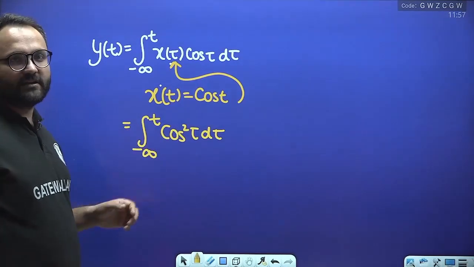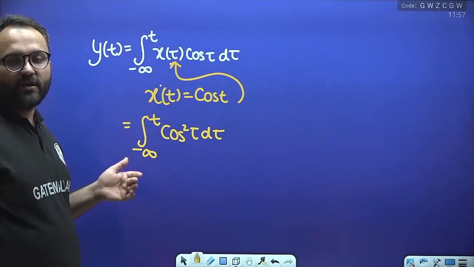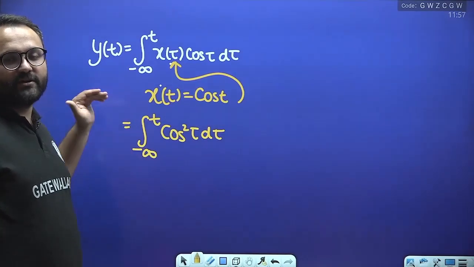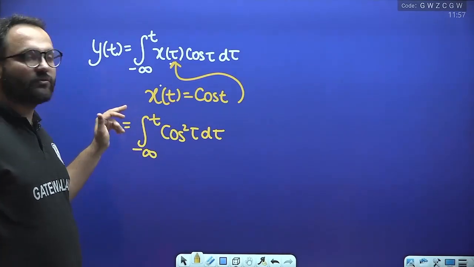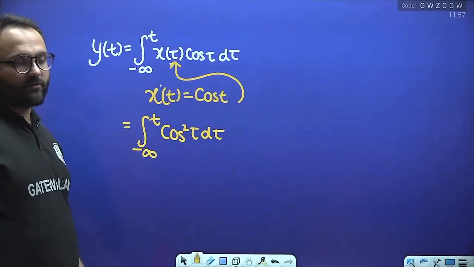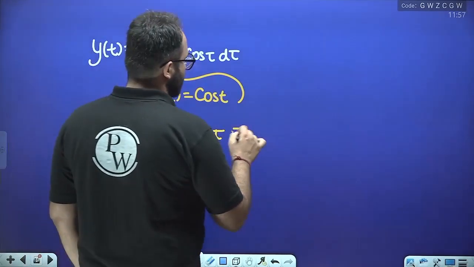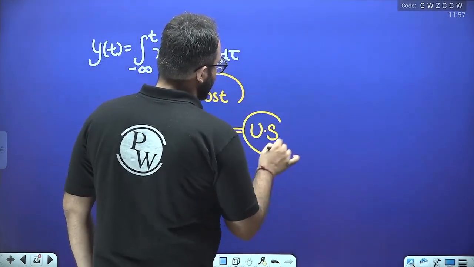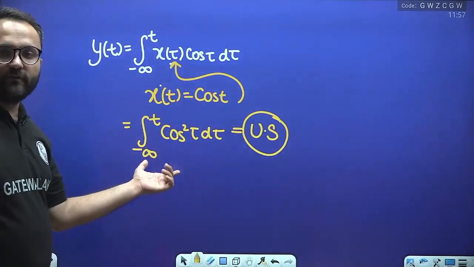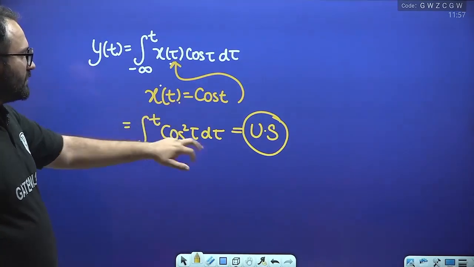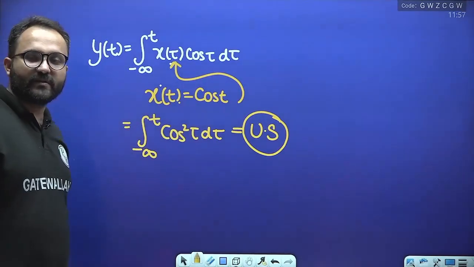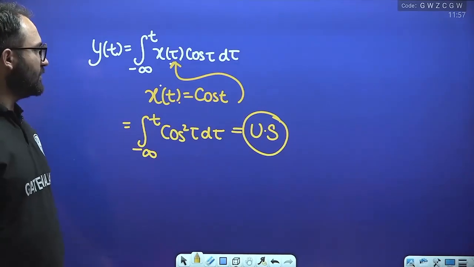Cos square is always positive, and we are integrating it from minus infinity to t, and thus this will become an unstable system, because this value will always be infinity. So the input is bounded but the output is unbounded, so the system is unstable. Okay, I hope this is clear to all of you.